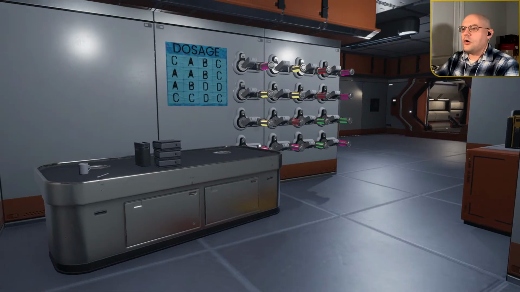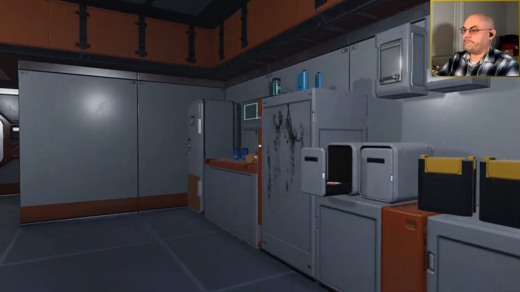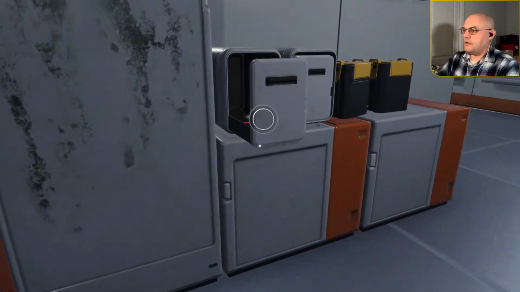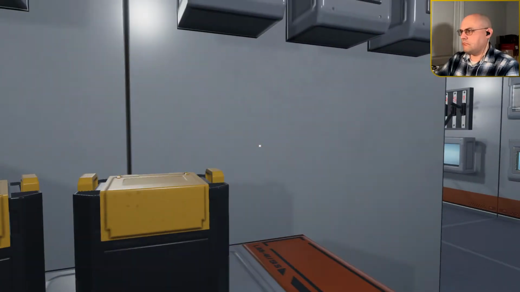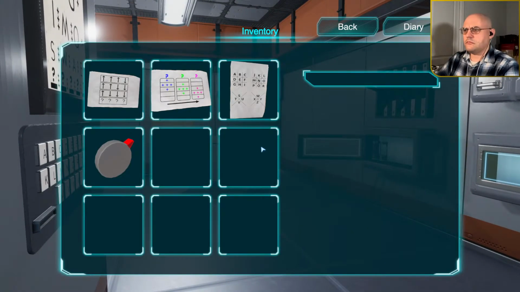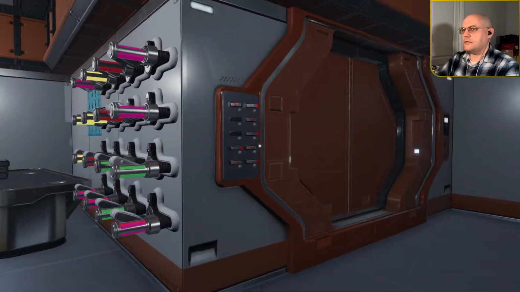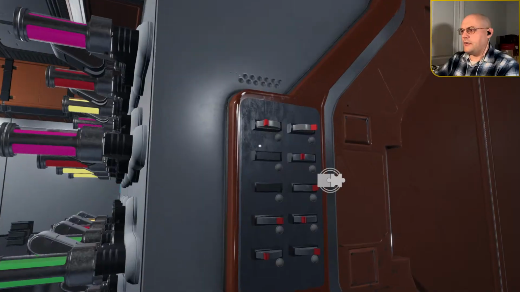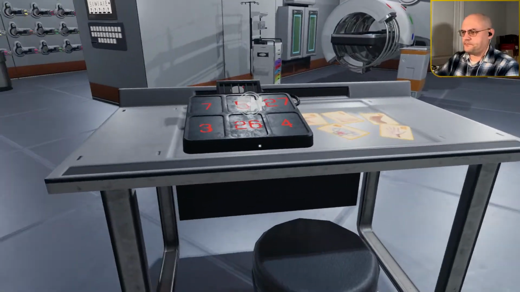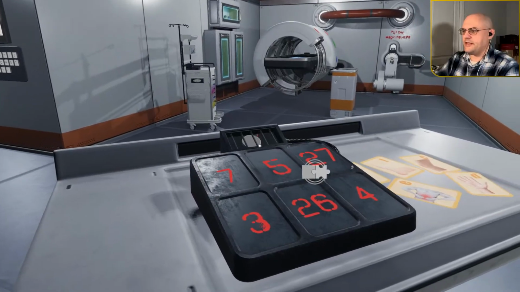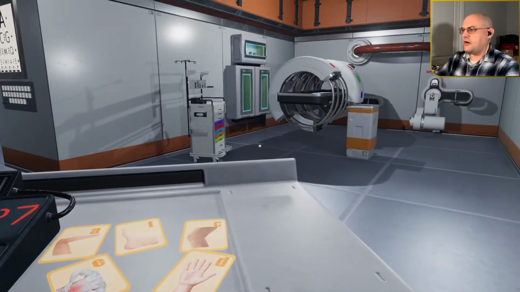Okay. So, okay. Right, we have one of these. To get the second one, we need to do this puzzle, because you can see it right there. But to do this, we're missing one of these cards.